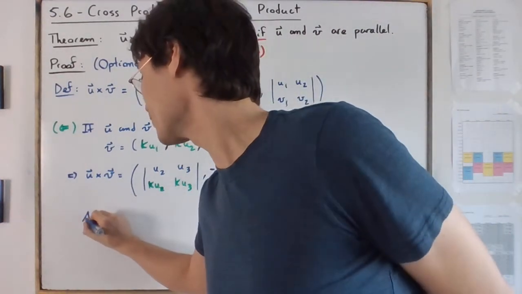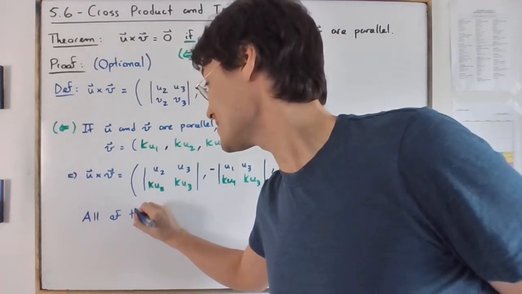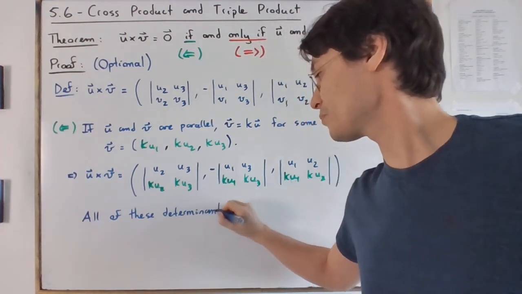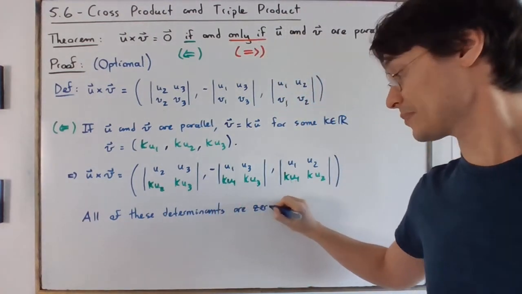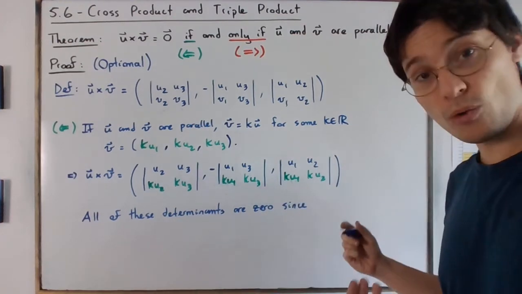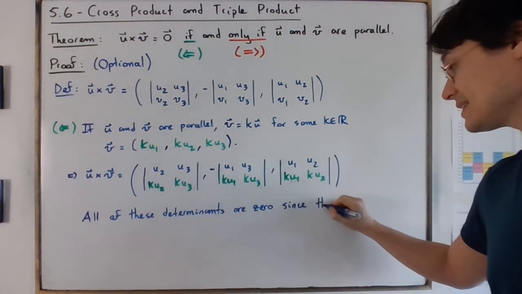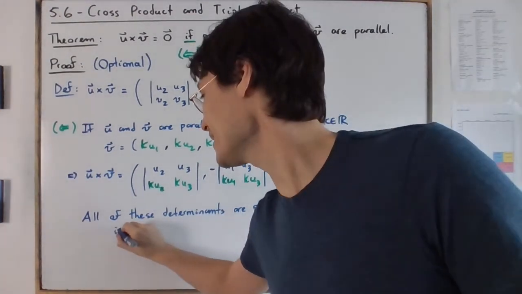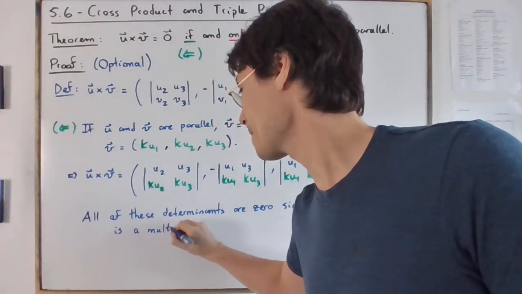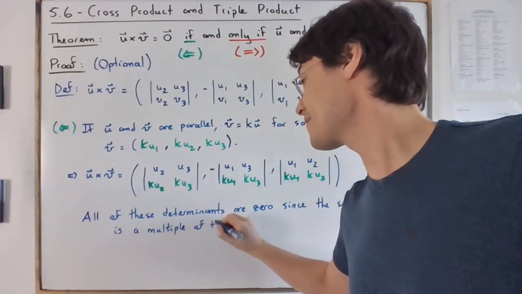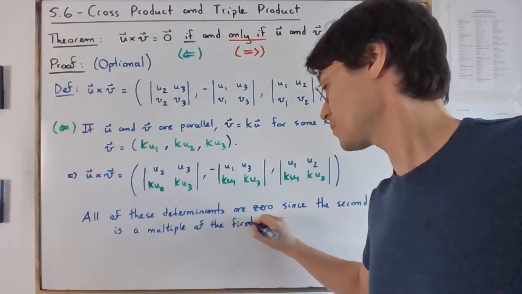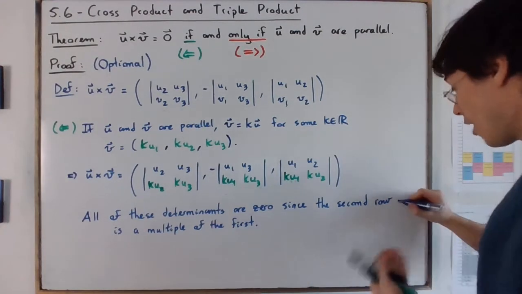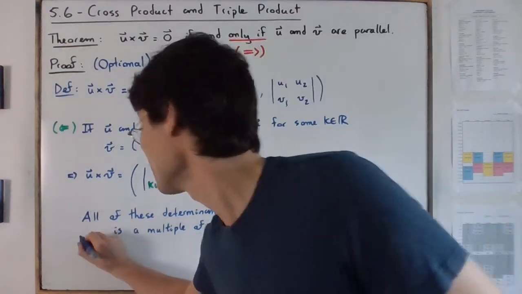So let's write that down to complete the proof: all of these determinants are 0, since the second row is a multiple of the first, of each of them.